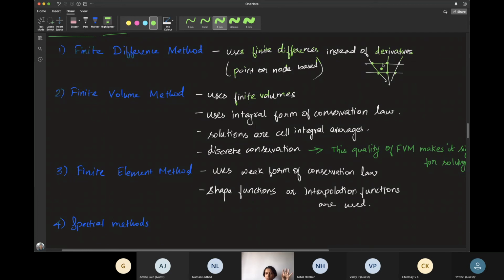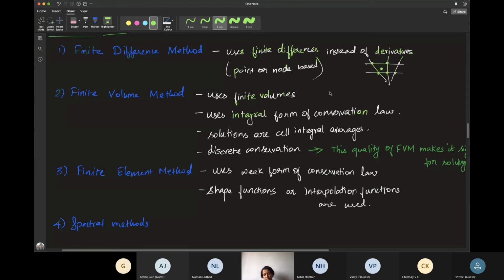Then after that consideration, we use the integral form of conservation law. We have seen the integral form of conservation law some time back. That is, any differential form is actually derived from the integral. You consider some material volume and then you obtain the conservation equations, that is mass, momentum and energy equations.